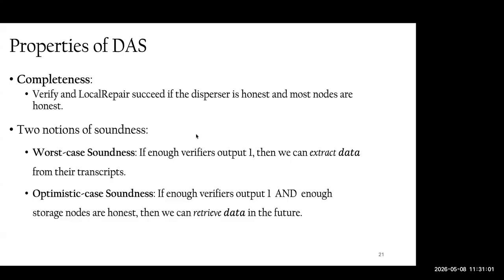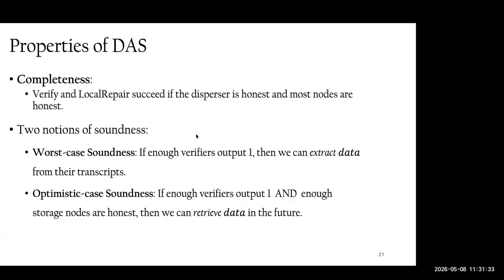To capture that scenario, we define a separate guarantee, optimistic case soundness, where we say that if enough verifiers output 1 and a lot of the storage nodes are honest, then we should be able to retrieve the data in the future. The intuition is that if not a lot of storage nodes are honest, then we have no hope of retrieval anyway, because very few people are actually storing the data. So these two capture slightly different guarantees: this is extraction during verify, and this is saying that at any point in the future I should be able to retrieve.